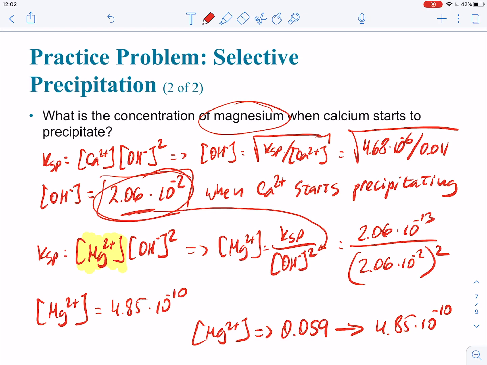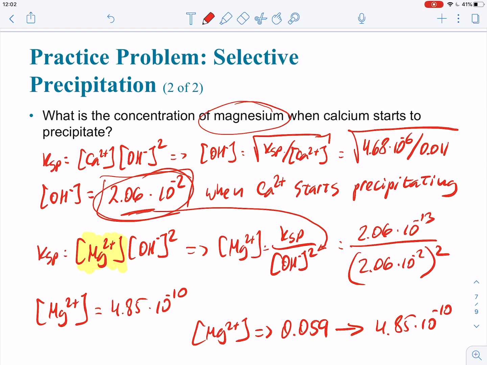So all around, this is what is required to actually observe selective precipitation. Remember, selective precipitation is precipitating something in the presence of something else that will also precipitate, but you don't want them precipitating at the same time. What do you need here?